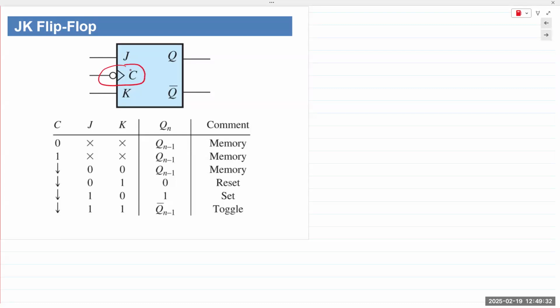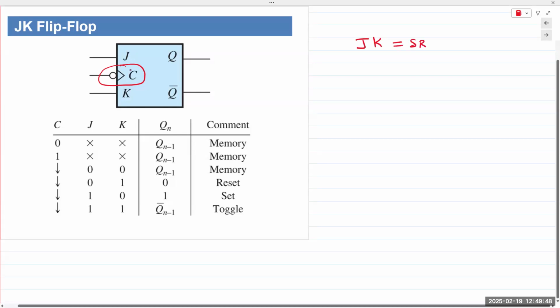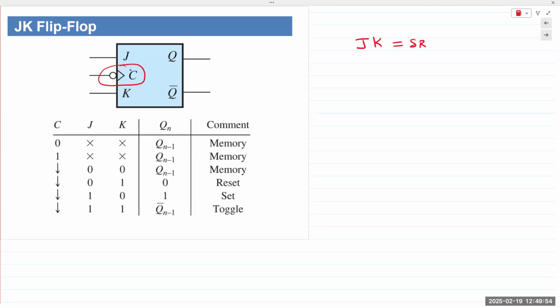Importantly, it's a negative edge trigger flip-flop. So JK is basically similar to an SR flip-flop, but it provides a resolution for the unpredictable state of both inputs being 1.